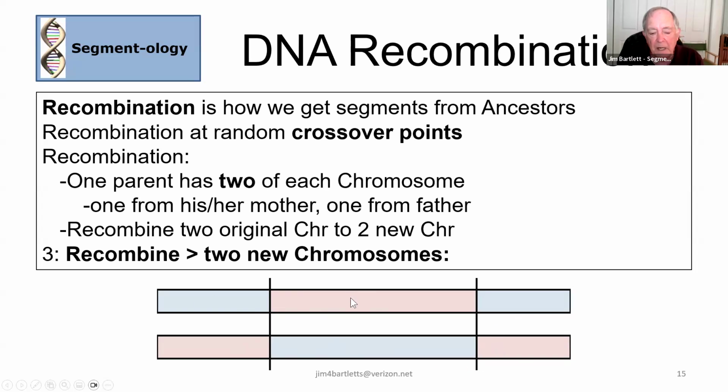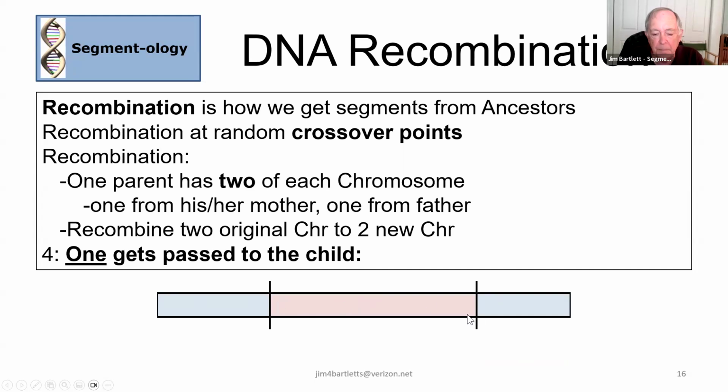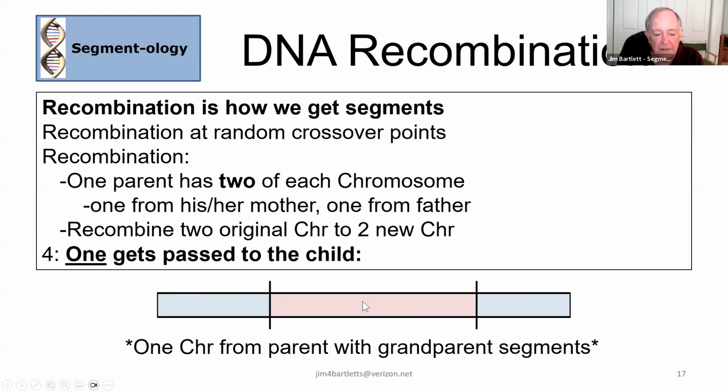And it's been recombined into 2, and one of them, this top one here, is the one we're going to pass along to the child, the blue, pink, blue. So here's the blue, pink, blue that's passed along to the child. And that's 1 chromosome from the parent with grandparent segments.